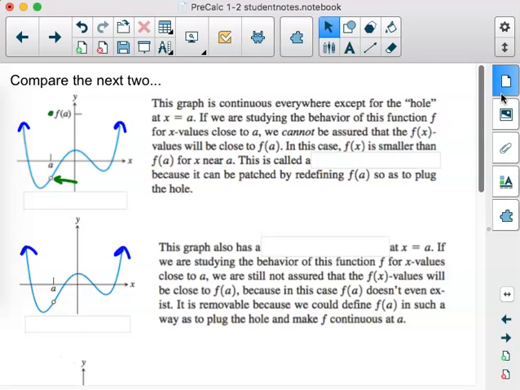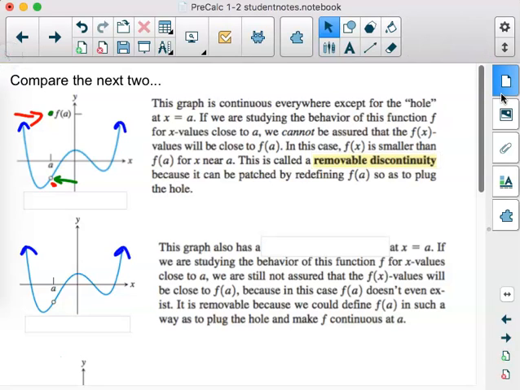And that's what they mean when they say that the f of x values will be close to f of a. In this case, we've got this big jump. So in this case, f of x is smaller than f of a for x near a. Now, that's because up here is apparently where this graph goes. And we expected it down here, where it would have been smaller.